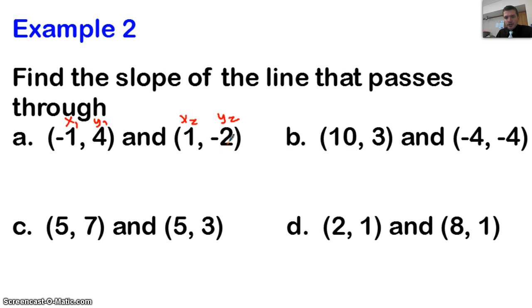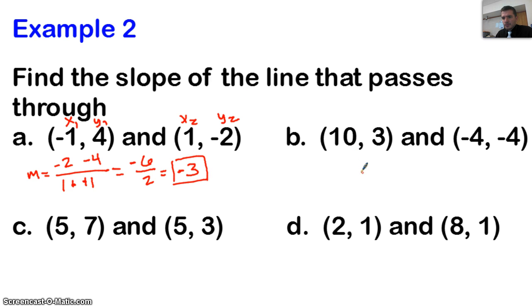So m will equal negative 2 minus 4 over 1 minus negative 1. Be careful here, guys, because that is where most people mess up with these minus negatives. On top, negative 2 minus 4 is negative 6. And here, minus a negative becomes plus a positive. 1 plus 1 is 2. So your final answer for the slope will be negative 3.